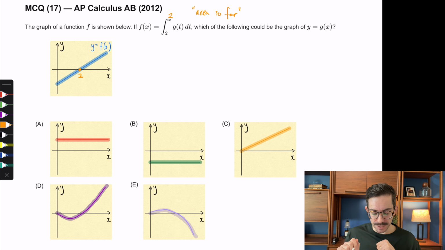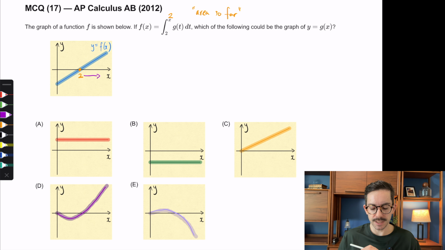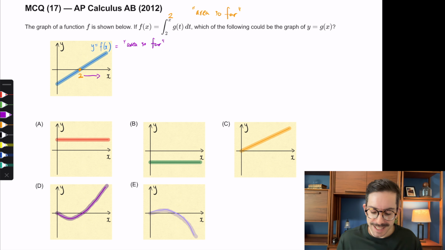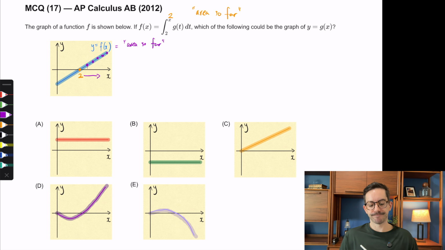Now let's look at what happens as we move to the right and we move to the left from x equals 2. As I move to the right, you can see that my area, which is what f is measuring, this area so far, is increasing at a constant rate. Right? It's a linear function. That means constant rate. So we are increasing at a constant rate there, the area under the curve of g.